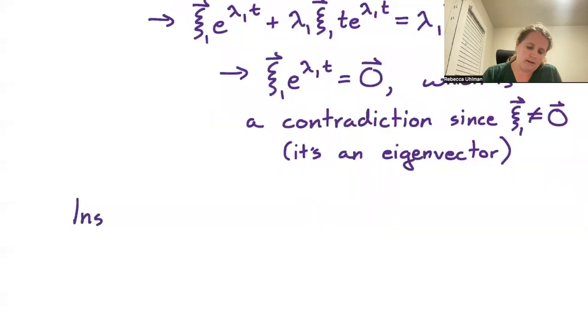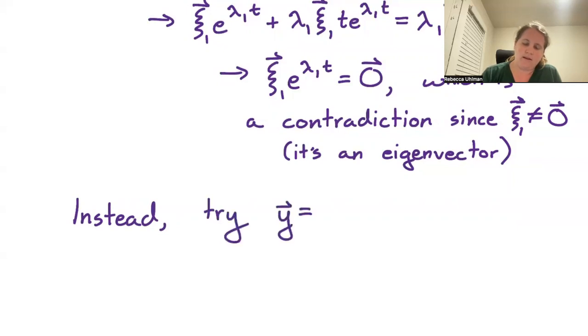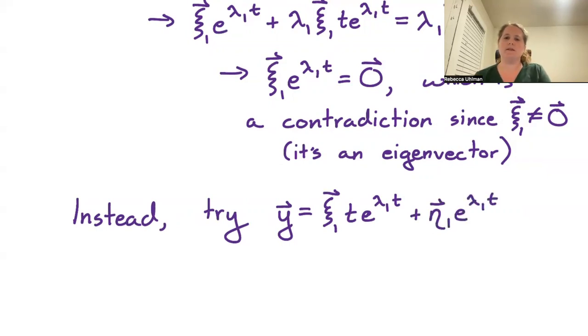Instead, let's now try y equals psi 1 times t times e to the lambda 1t. But now we are going to add on an additional vector, eta 1 times e to the lambda 1t. So we're trying to add in something that can balance out that psi 1 e to the lambda 1t extra term.